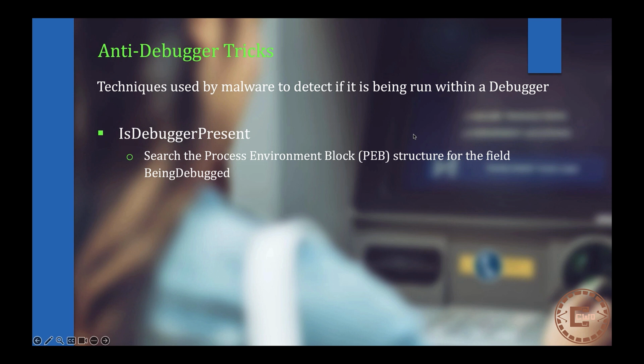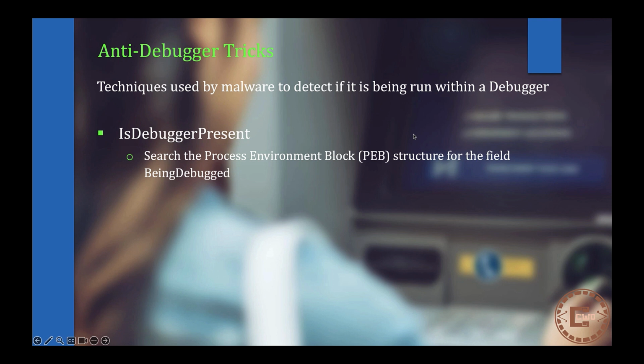But the process environment block is a very important structure that every process running in memory has. It has a process environment block and a thread environment block, and both together allow the process to know where it is located in memory, which is the base address, which are the modules loaded, which are the threads associated, which are the register values, the local physical path in the file system, and a lot of information.